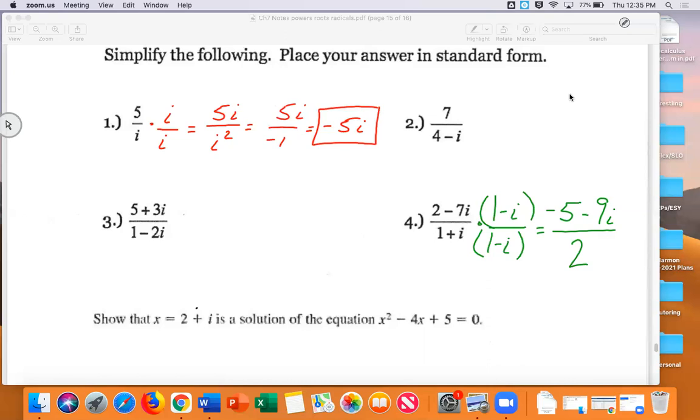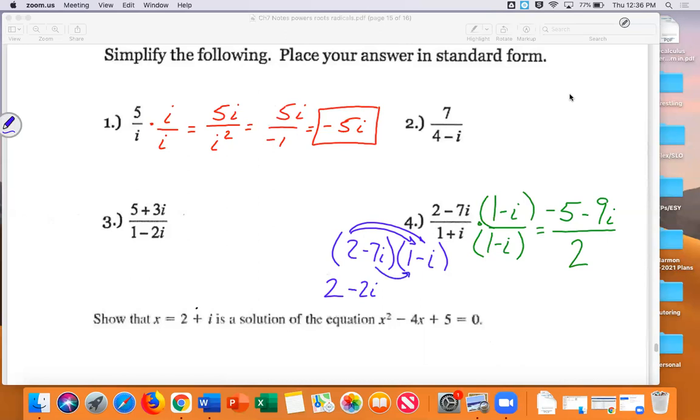You don't know how I got it? 2 times 1. So let's write it out. I mean, I could be wrong. 2 times 1, 2. 2 times negative i, negative 2i. Good so far?